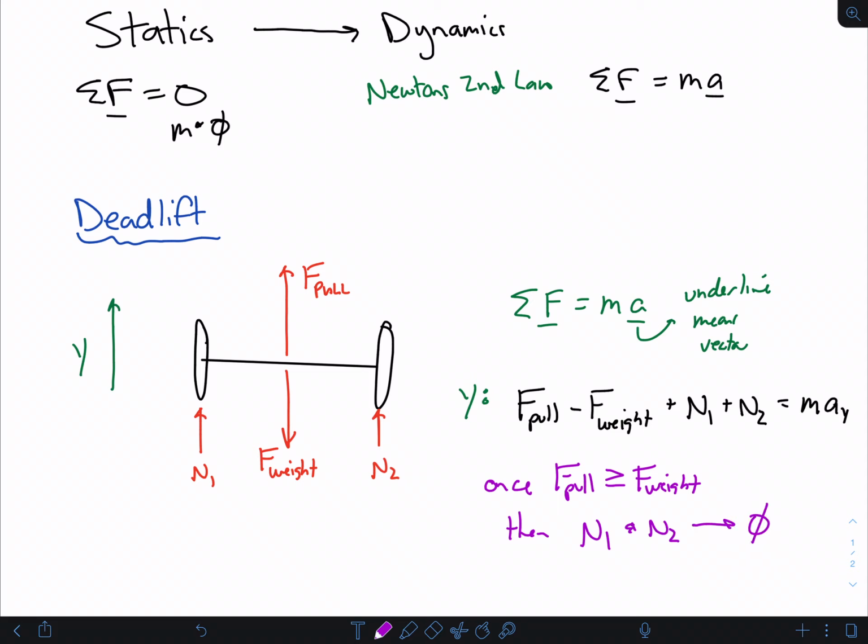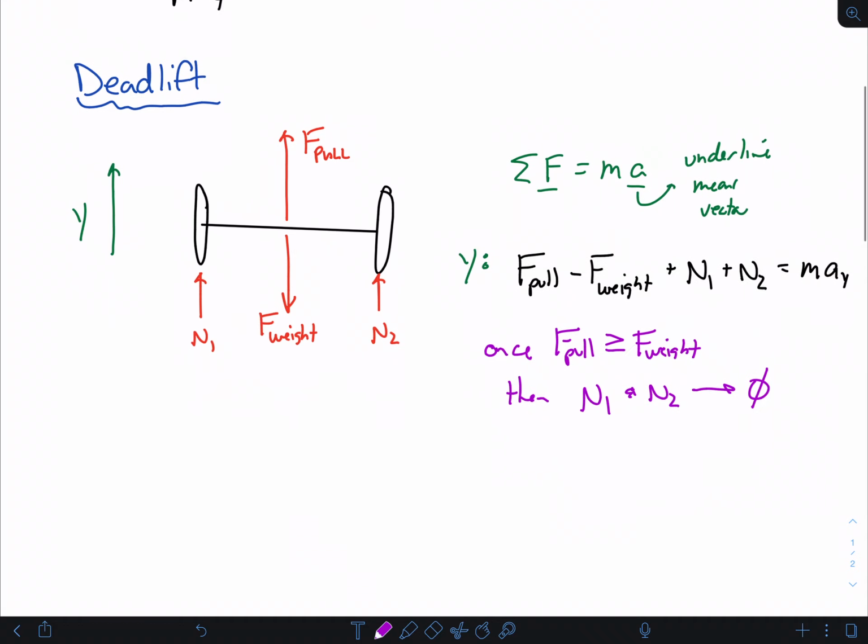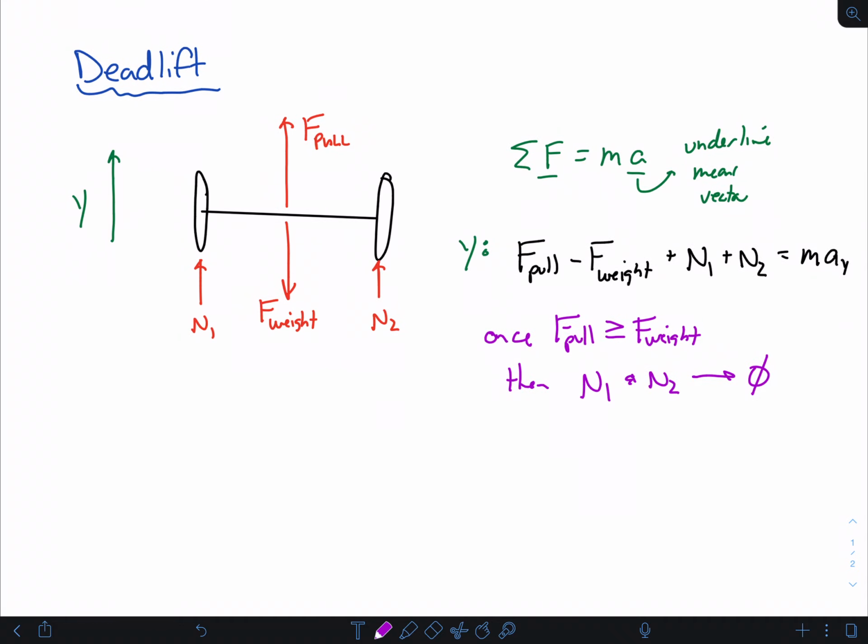The ground can't push on the bar or the plates if it's not touching them. So when F pull is less than F weight, there's some varying amount of N1 and N2, but let's think about it from just before the bar starts to move, where N1 and N2 equal 0.